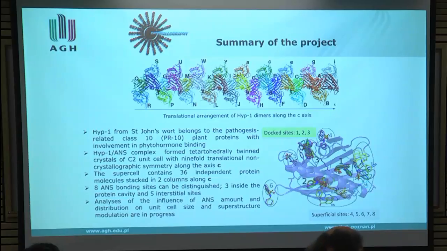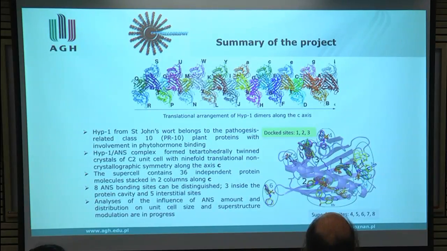Although structural modulation is widespread and well understood in small molecule crystallography, in macromolecular crystallography this phenomenon is practically unheard of. We can distinguish 8 ANS binding sites in our crystals.